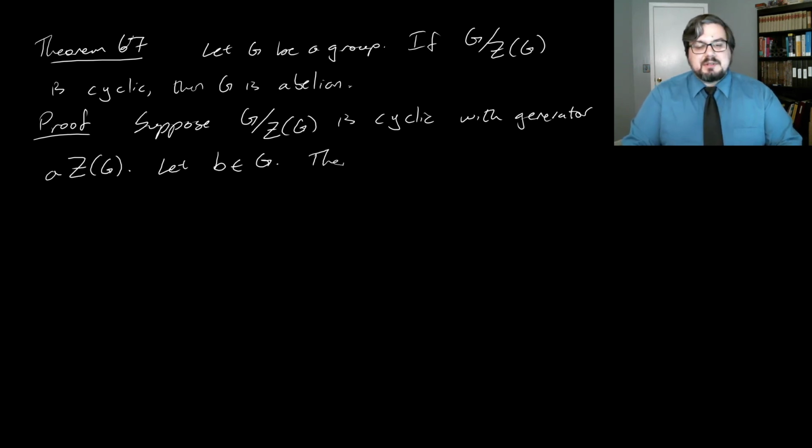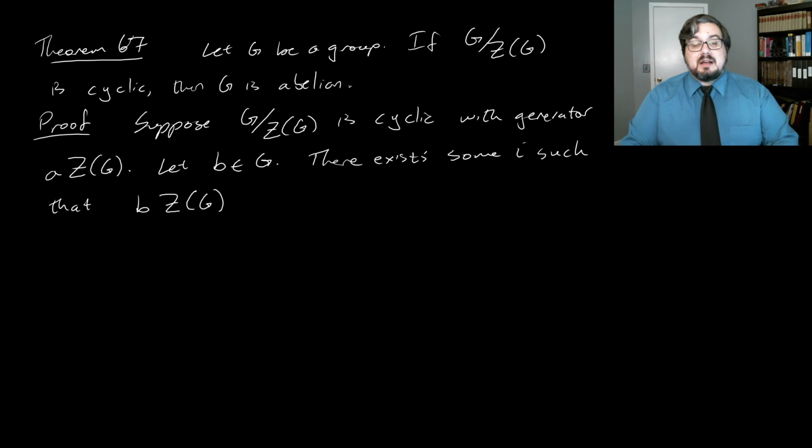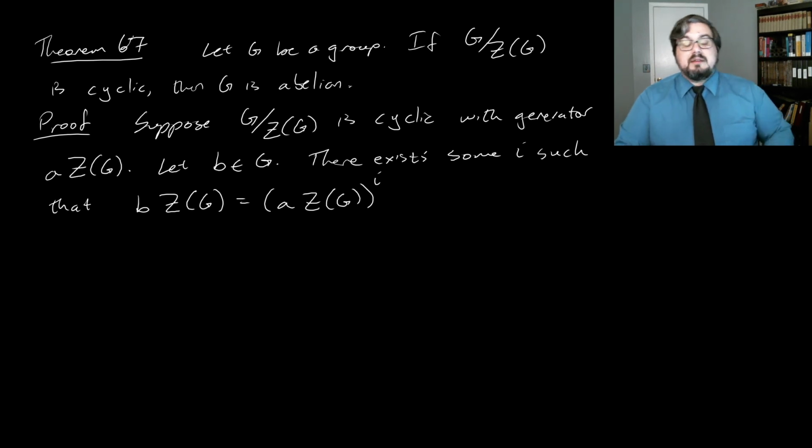There exists some i such that b times Z(G), which is an element of the group G mod Z(G), is going to be some power of the generator.